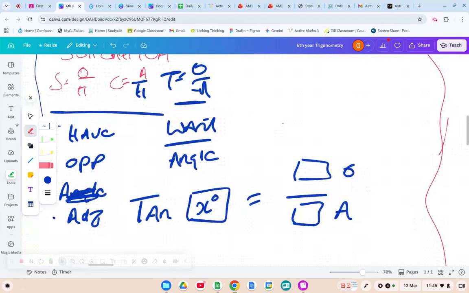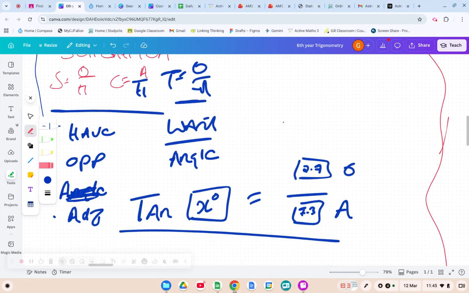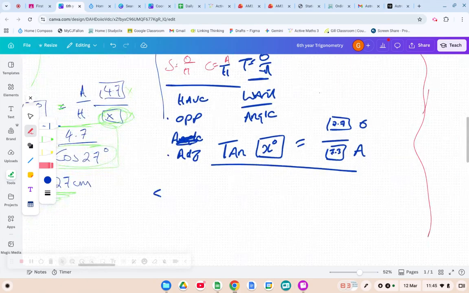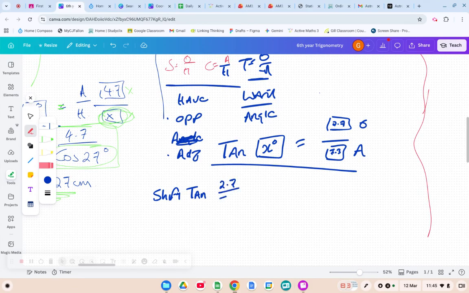So we'll write that in here, 2.7 over 7.3. To finish it out, the fastest way is to go shift and tan, to get the inverse of tan, and put 2.7 over 7.3 in brackets.